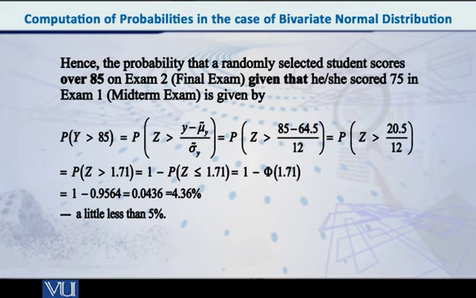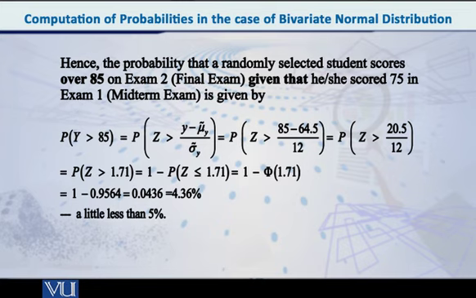And now we look into the area table, और 1.71 के अगेंस्ट जो नंबर हमें मिलता है, यानी जो probability हमें नज़र आती है, that probability is 0.9564. 1 में से इसको माइनस कर दें तो क्या हमें मिलता है? 0.0436 or 4.36%. So 4.36% is quite a small probability. It is even a little less than 5%.